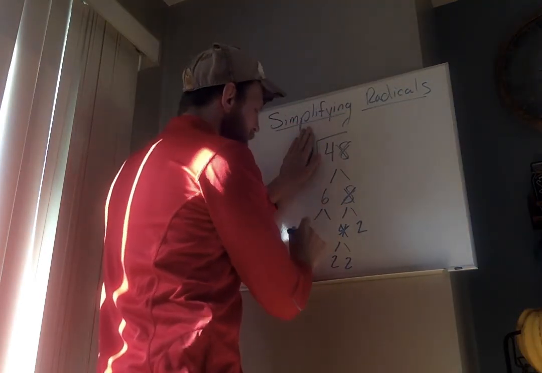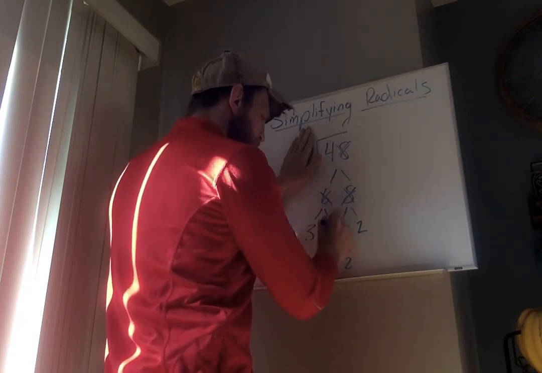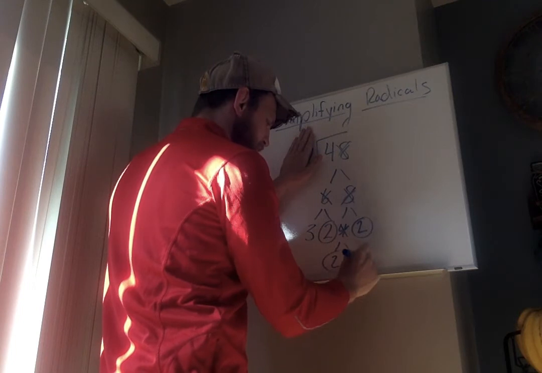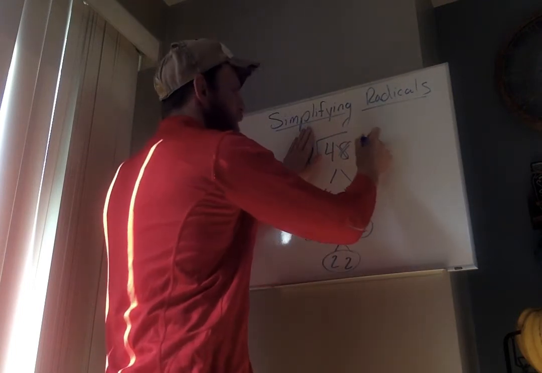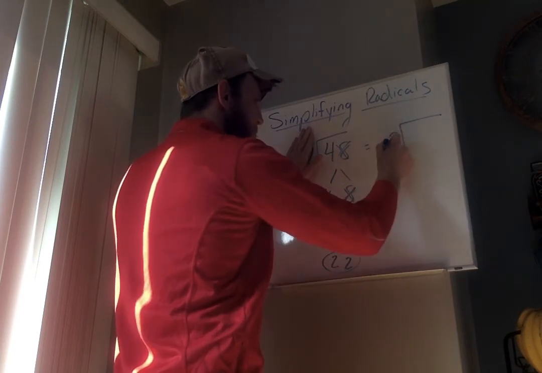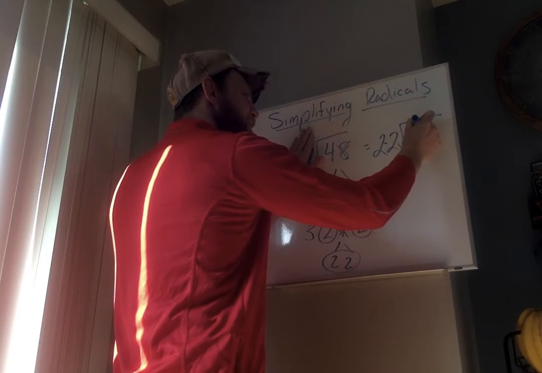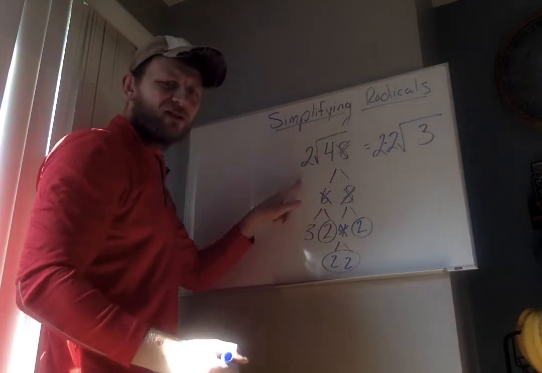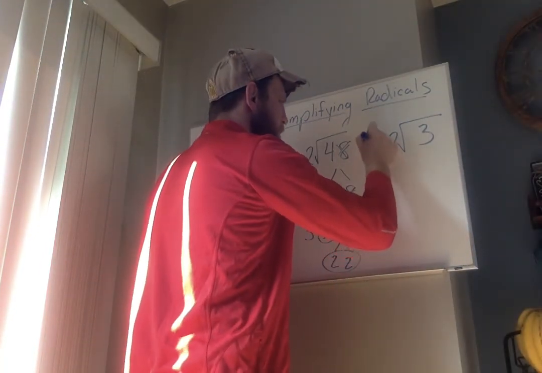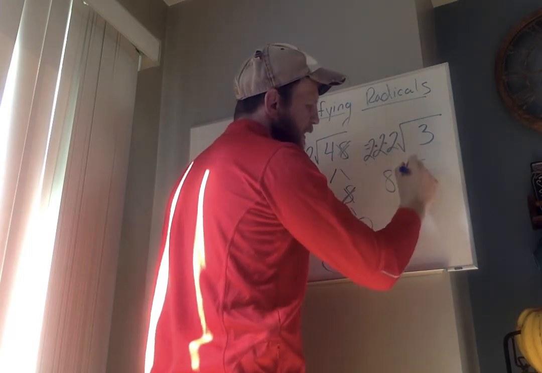And 6 is going to be 3 and 2. So I'm going to have a pair of 2's here, a pair of 2's here, and that 3 is going to be left inside. So we're going to have the house. This 2 comes out, that 2 comes out, that 3 stays in. But remember, I have this 2 outside from the start. So this is going to be 2 times 2, that's 4 times 2, that's 8. So this is going to be 8 root 3.